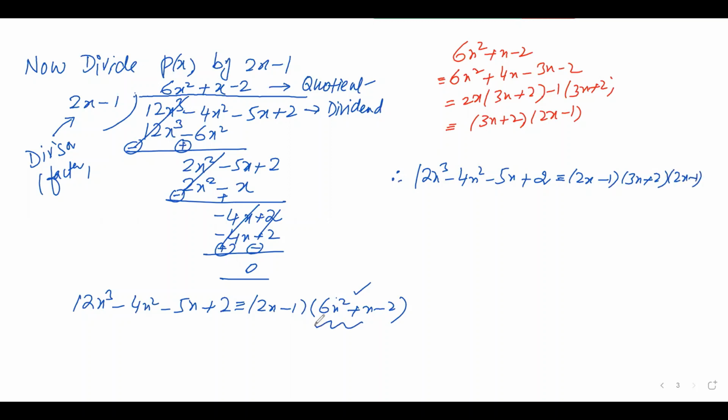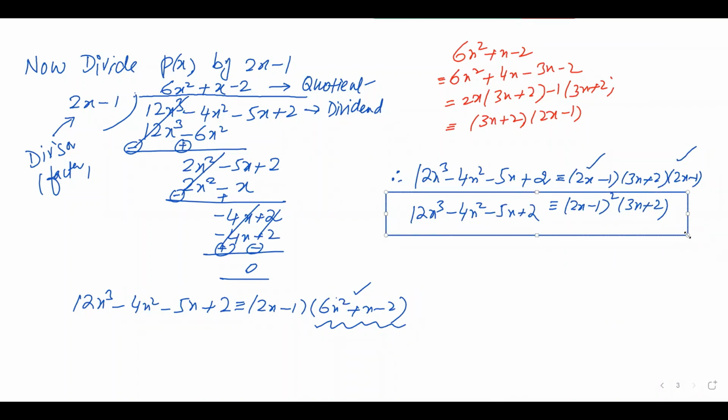This is the answer of this polynomial. So 2x minus 1 is there twice. So you can write (2x minus 1) square and (3x plus 2). This is the factorization of 12x cubed minus 4x squared minus 5x plus 2, the answer.